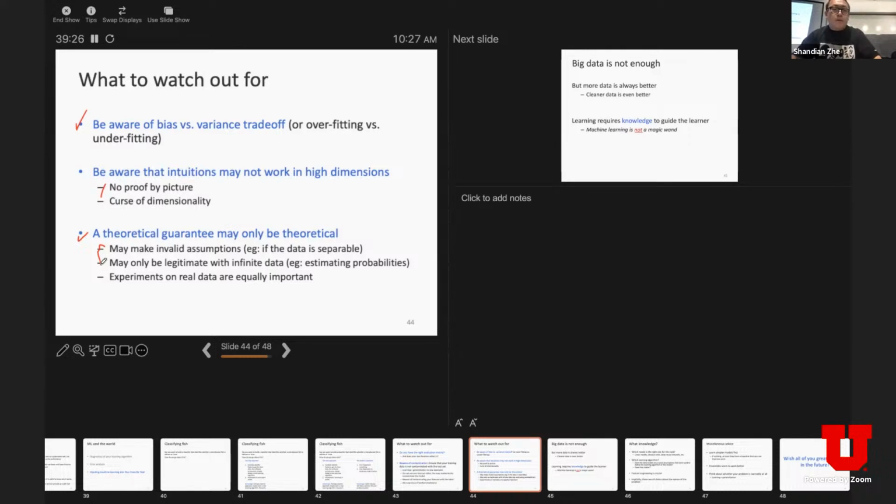Because almost all theories make some kind of assumptions. Most of those assumptions are invalid for your particular applications. That's why you should trust more in experiments and data. Theory can only point you in a general direction. It cannot be the answer to every question.